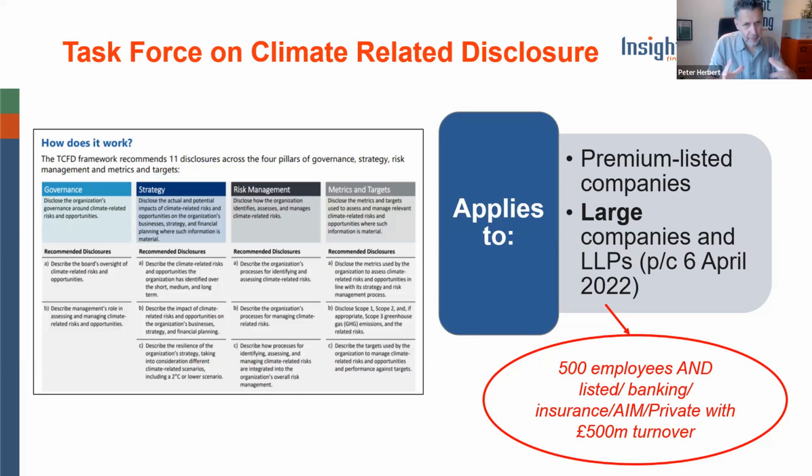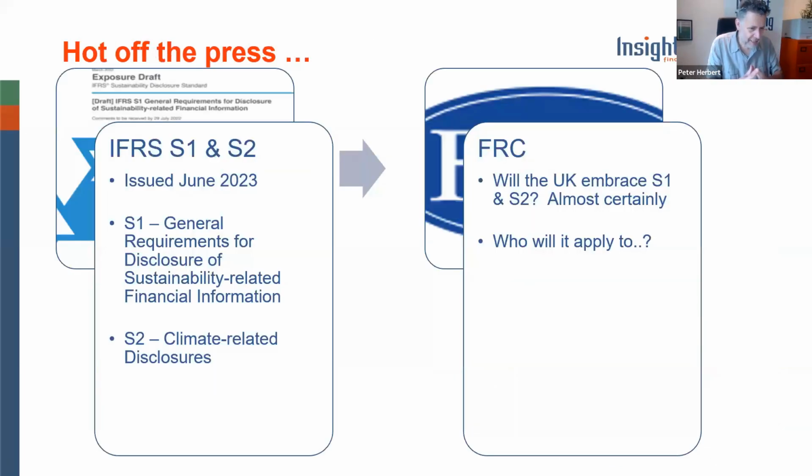Now, one thing that I know is driving the agenda in terms of disclosure in this area is perhaps the need for a more joined up approach globally. And with that in mind, we've recently had, June 23, the ISSB, the International Sustainability Standards Board, publishing their first 2 standards for disclosure in this area.